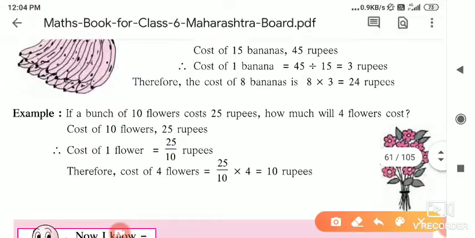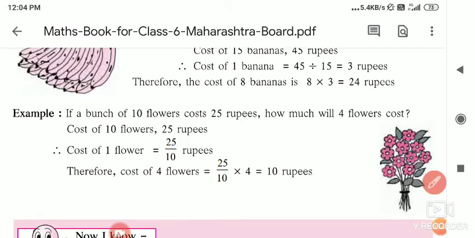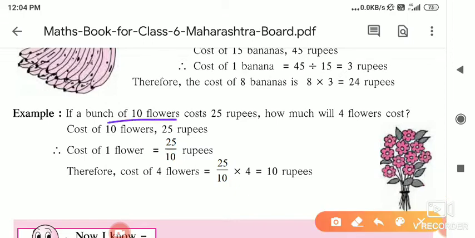Now again one more example is given to us. In this example, if a bunch of 10 flowers costs 25 rupees, how much will 4 flowers cost? What is the cost of 4 flowers?